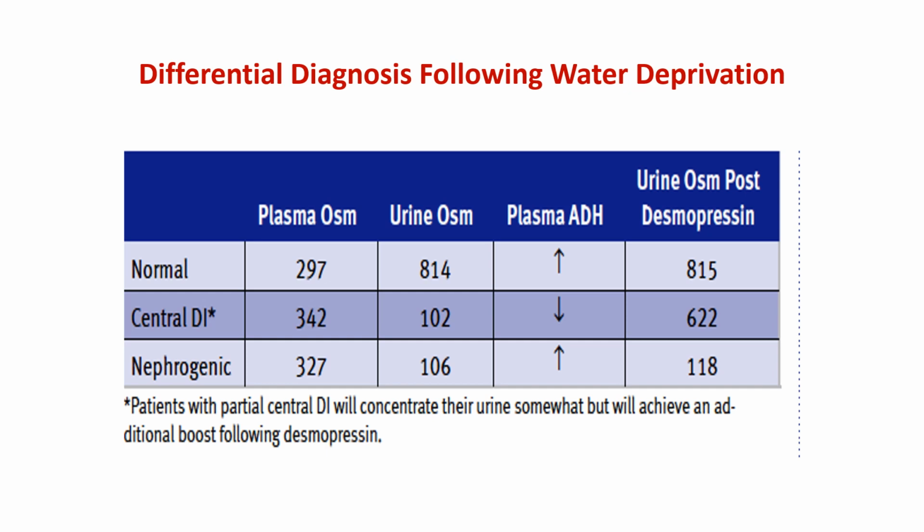Now in this slide, I am going to describe a test that you may want to use if you suspect diabetes insipidus in a patient, and you want to determine whether it is central diabetes insipidus or nephrogenic diabetes insipidus. So what you do here is restrict the fluid overnight.